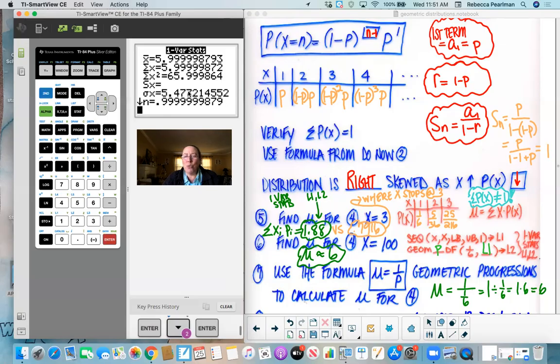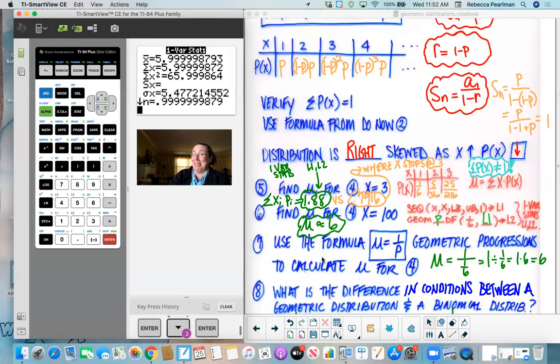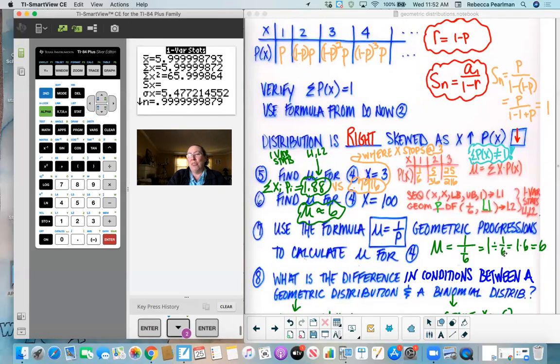And now if you look at your formula, let's double check that it's on the formula packet. It used to not be on the formula packet, and I'm looking for it. They put it on. That's pretty amazing. And they actually put on the standard deviation as well. So right in here on your formula packet, before students had to memorize that. You guys are lucky. And you substitute and we get 6. So we match.